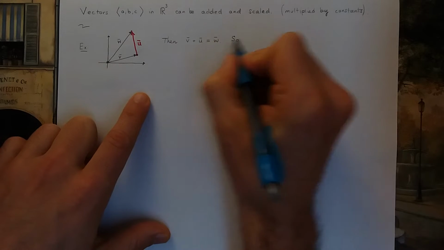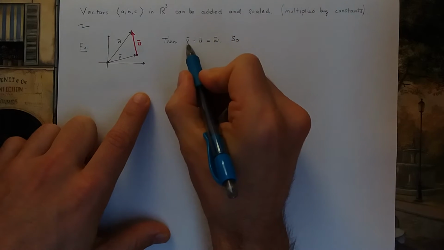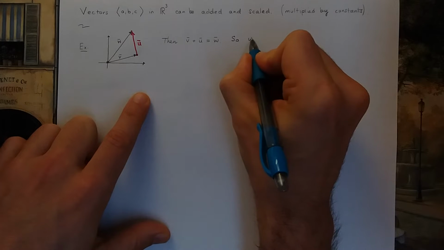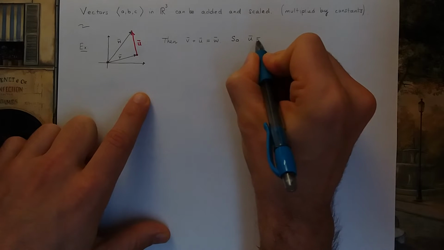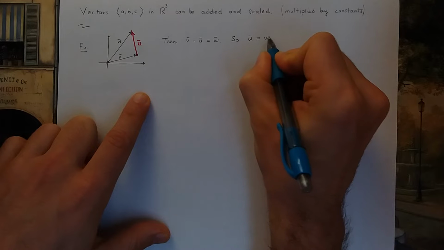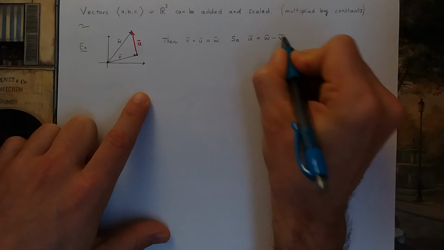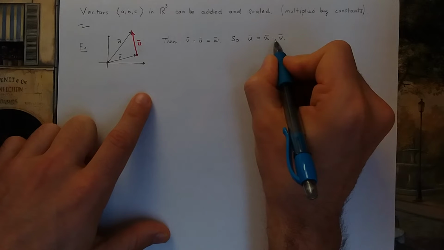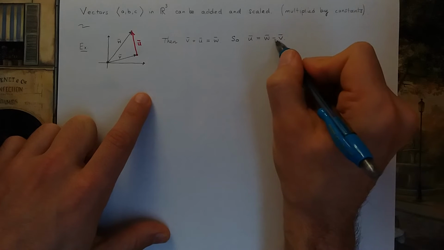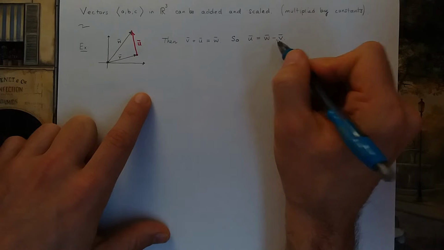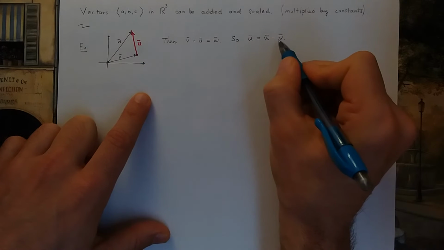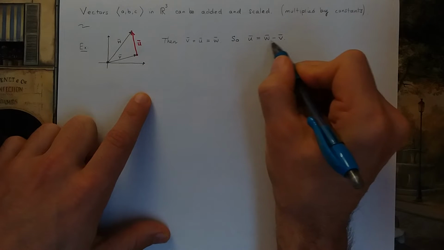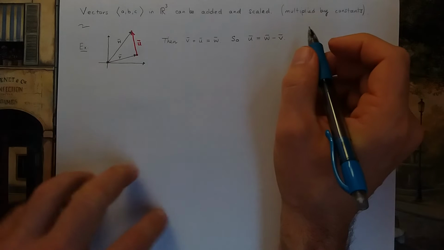So I can subtract v on both sides. So u is equal to w minus v. Now again, what minus v means is that you scale v by -1, meaning you go in the exact opposite direction of v, and then add that result to w.